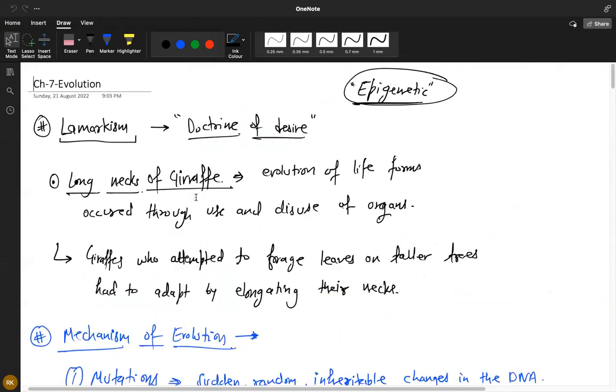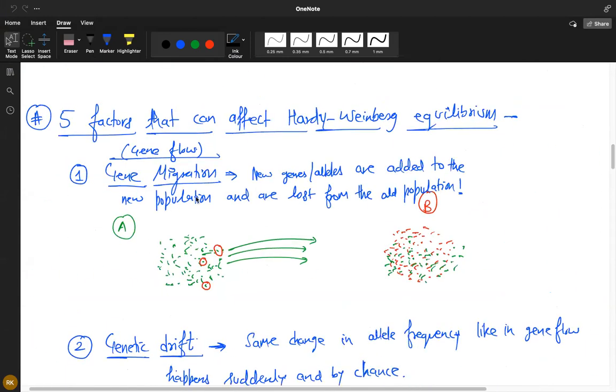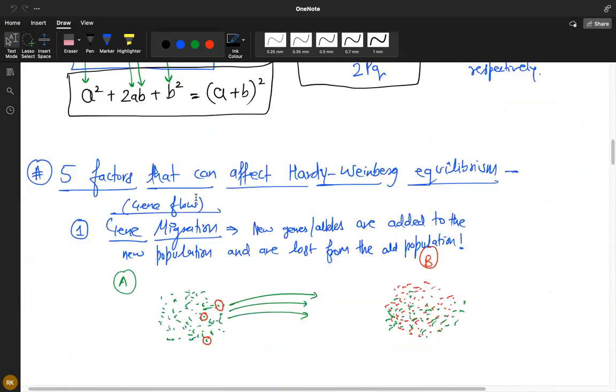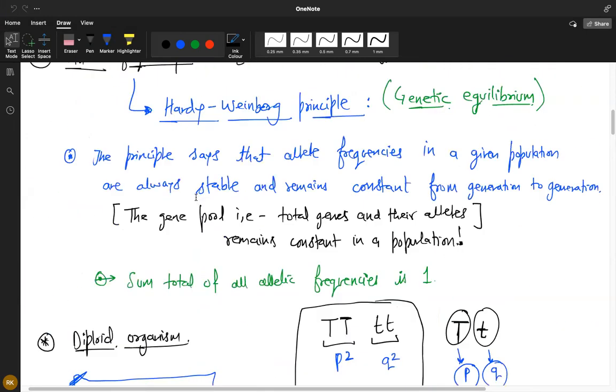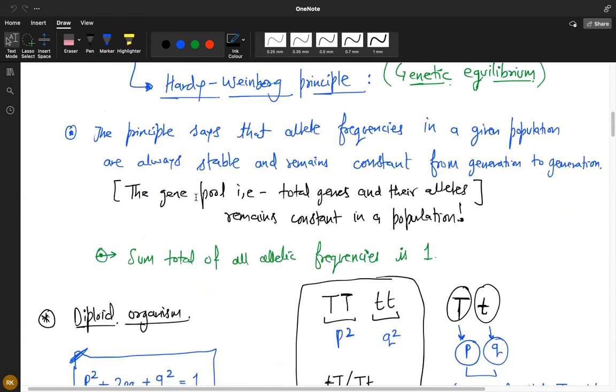Yes, sir. The Hardy-Weinberg principle talks about the allelic frequency. We have the dominant gene and the recessive gene. We take the dominant gene as capital P and the recessive gene as Q. We use this in the equation P square plus 2PQ plus Q square equals 1.